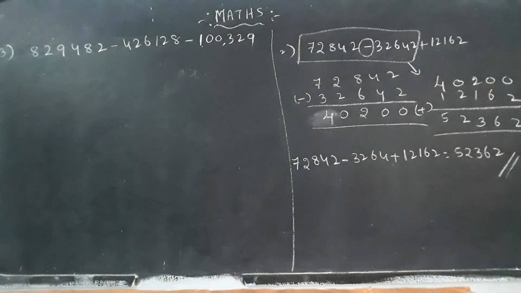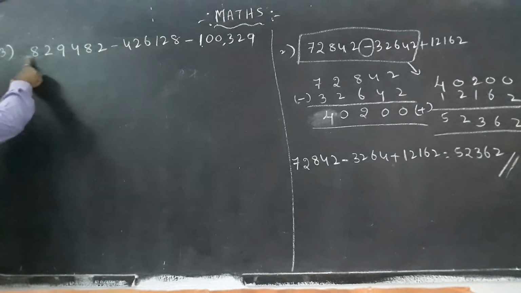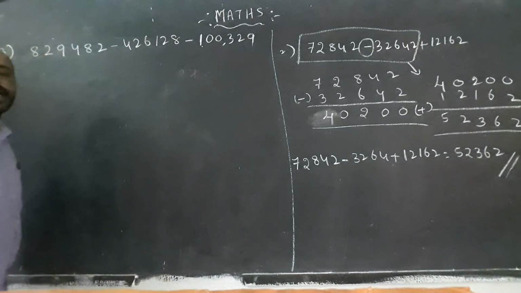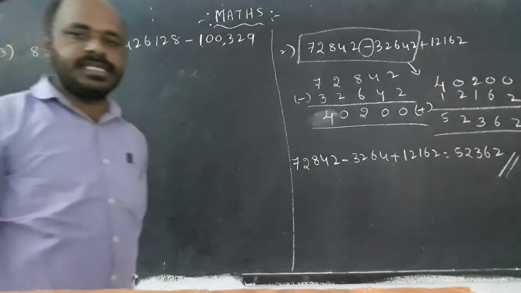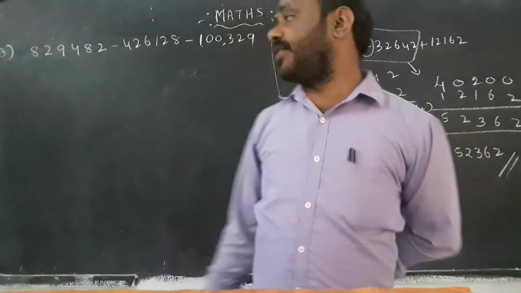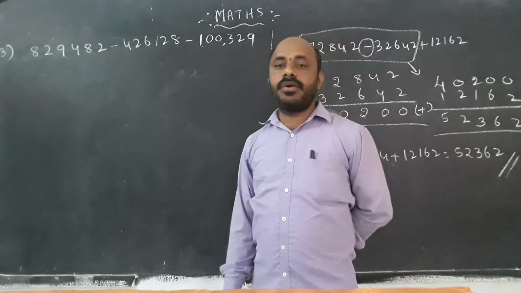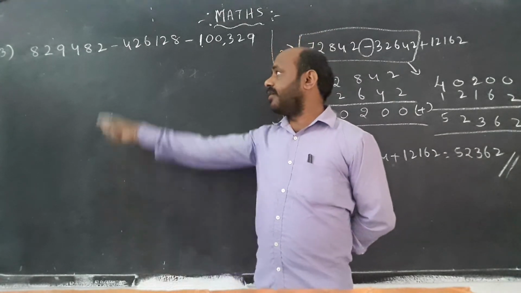All these are 3-digit and 6-digit numbers, but in this only the first number has an addition symbol. Both of the other two numbers have subtraction symbols only. The first number has no symbol, so it is taken as addition.